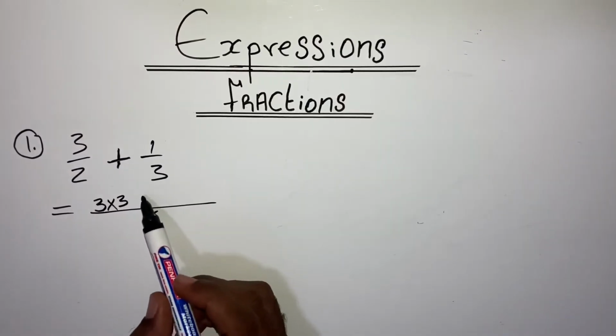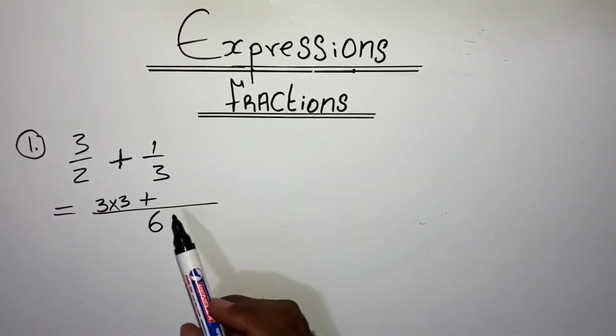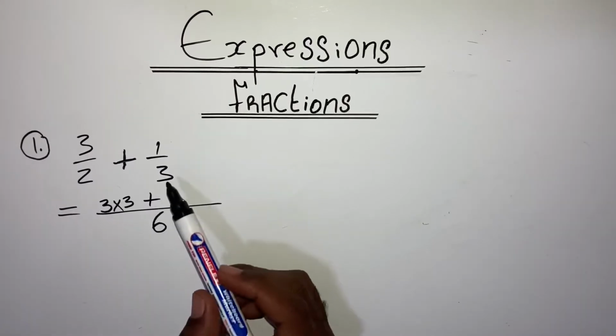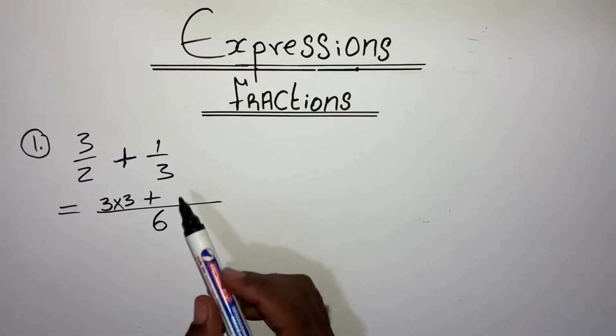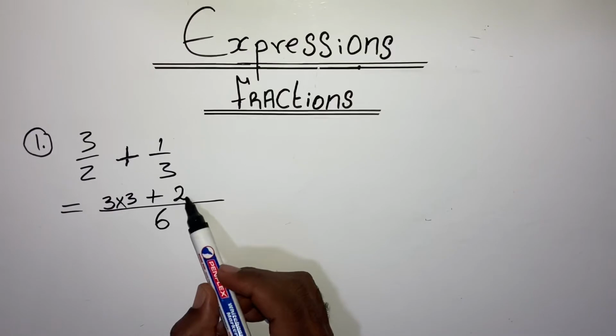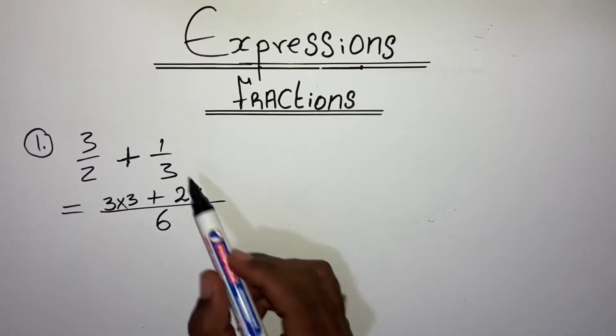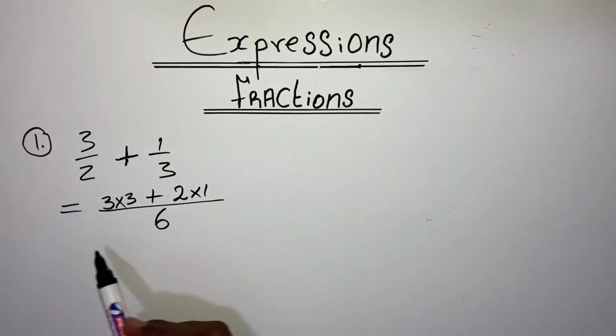Then we drop the sign, which is a plus. Then we go again to say 6 divided by 3, we get 2. The answer you get times the numerator of that fraction, which in this instance is 1, times 1.